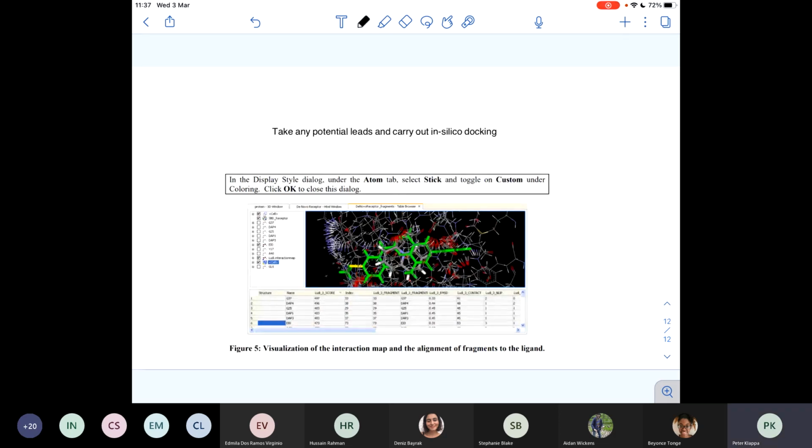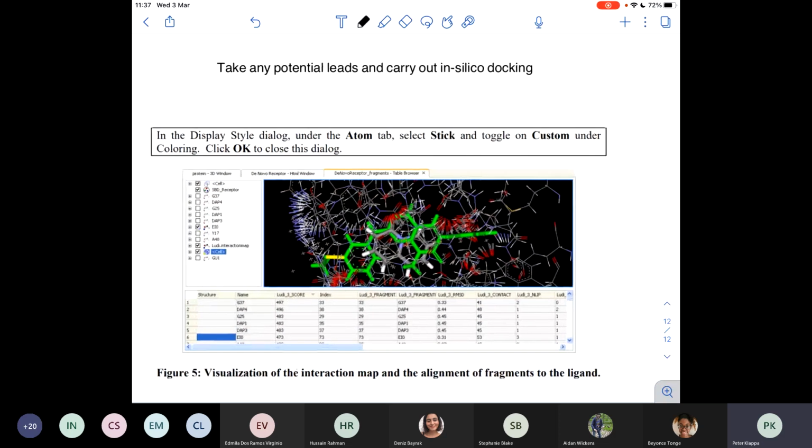So what we now could do is we could ask the computer to come up with suggestions for what are called leads, potential lead molecules, potential inhibitors that fulfill the criteria that we specify. We say, for example, we need an aromatic ring in this particular orientation.